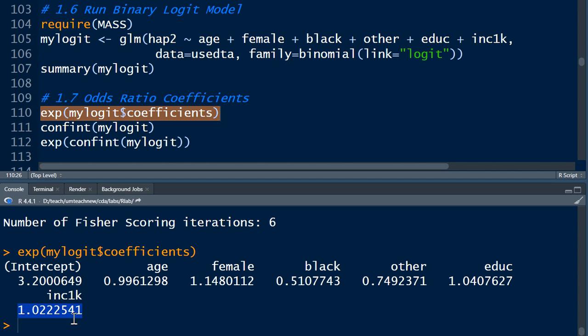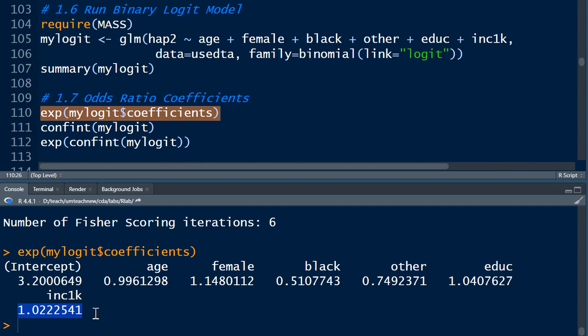All odds ratio coefficients are positive, but there's a difference between a positive number bound between 0 and 1, and a positive number bound between 1 and positive infinity. Any odds ratio coefficient between 0 and 1, that's a decrease. Because factor change, multiply something by a number between 0 and 1, that's a decrease. And if that number is greater than 1, that's an increase.